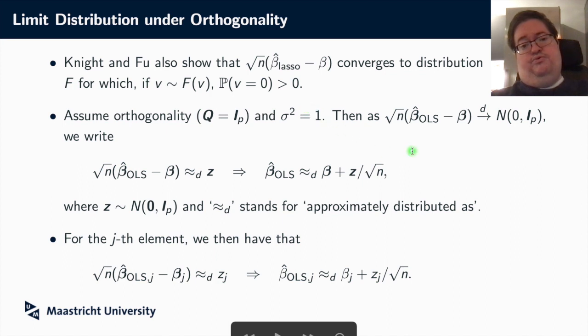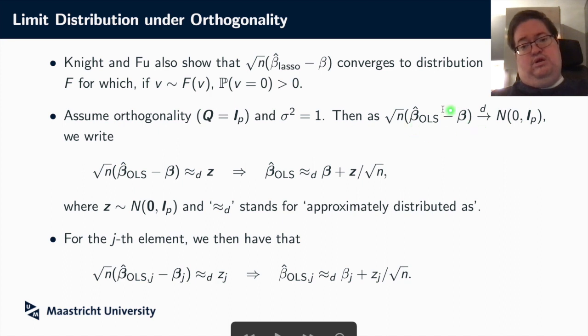And what we are going to do now is use that, in that case, the least squares estimator. Again, have a look at the slides on Canvas, where I derived the limit distribution of the least squares estimator. Of course, you already did that in earlier econometrics courses.